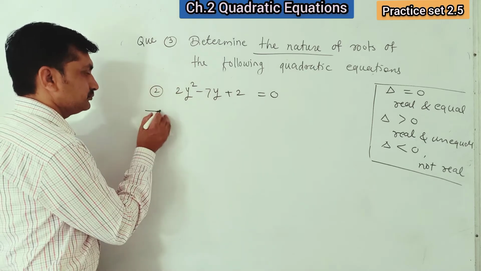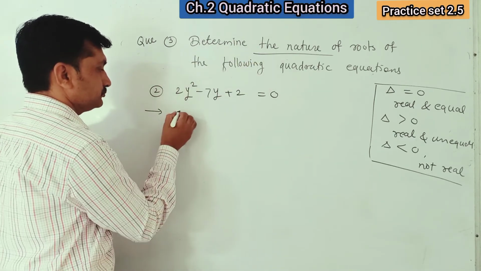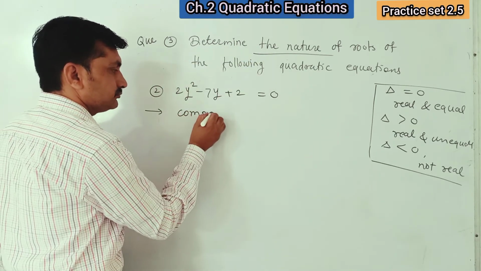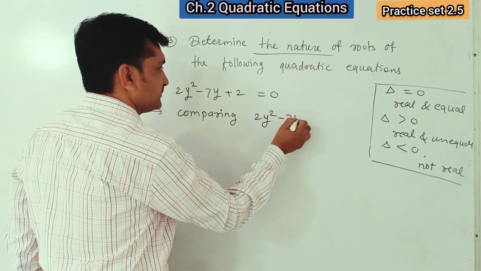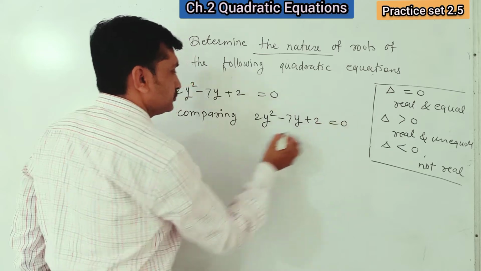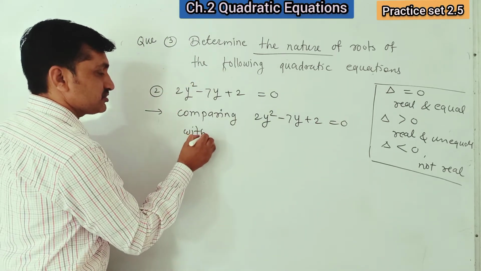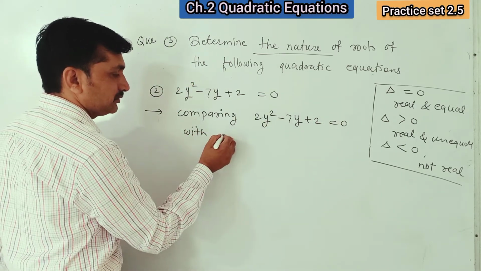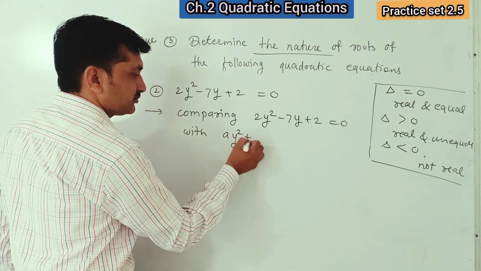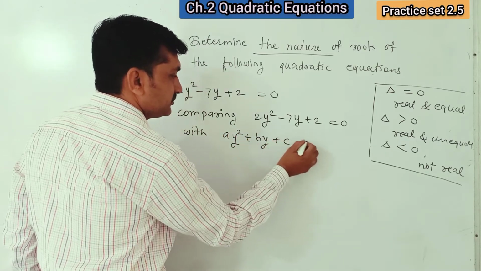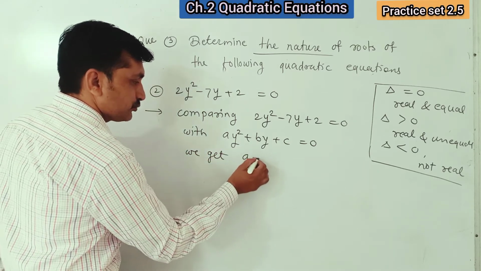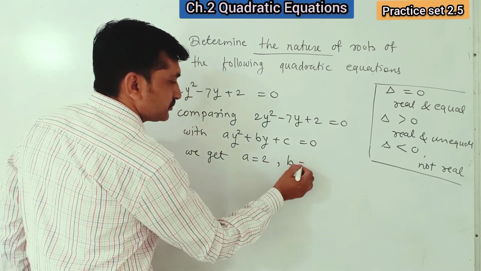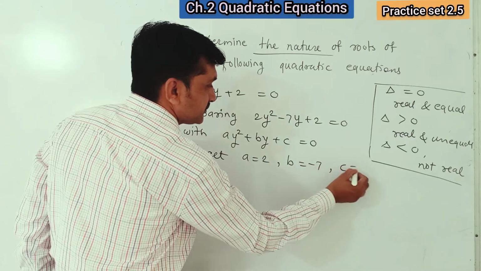Second example, same method, nature we want. Comparing given equation 2y square minus 7y plus 2 is equal to 0 with, now here standard form also in y variable, ay square plus by plus c is equal to 0, we get a is equal to 2, b is equal to minus 7, c is equal to 2.